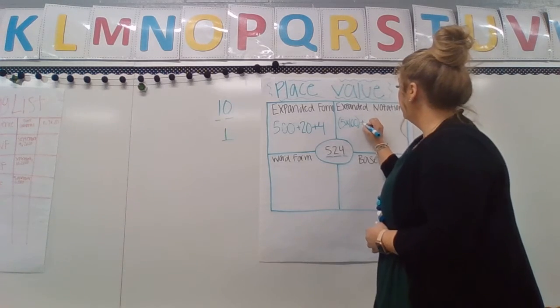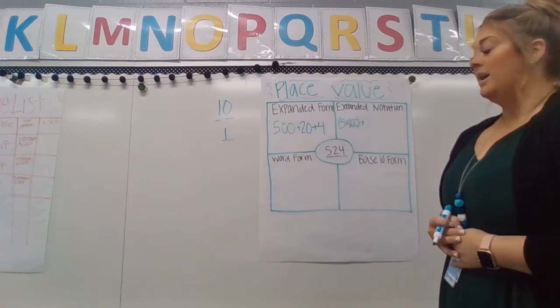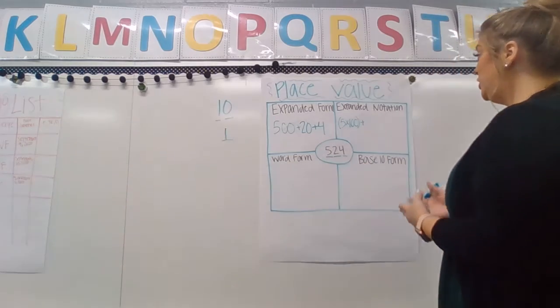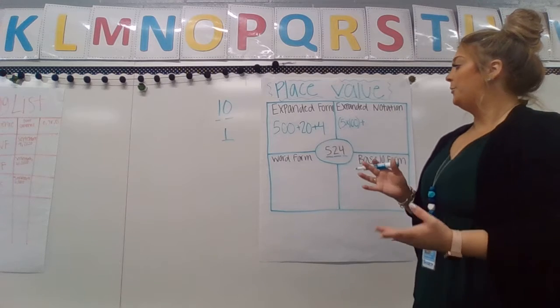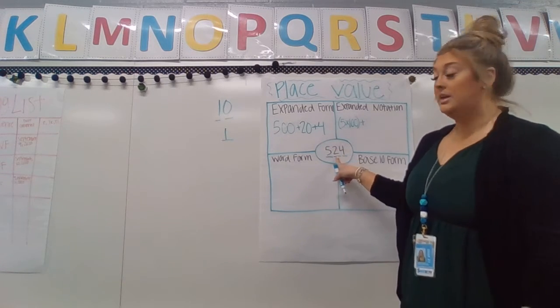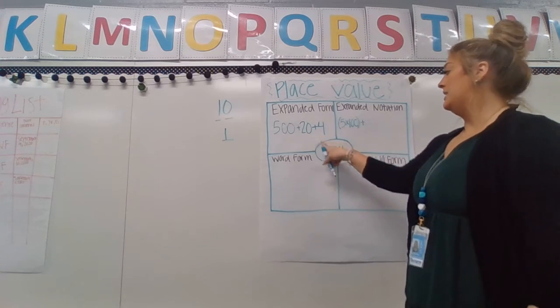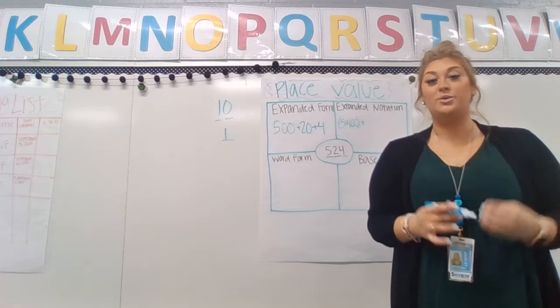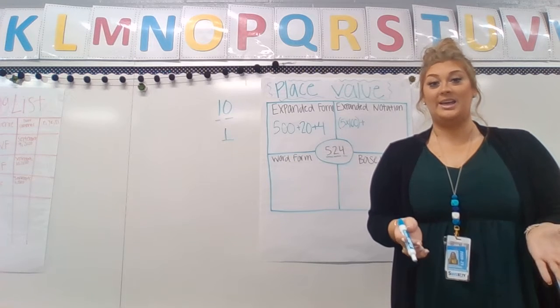Plus, and now we need to get 20. So we know that the 2 in 20 is in the tens place. So how many tens do we need to get 20?